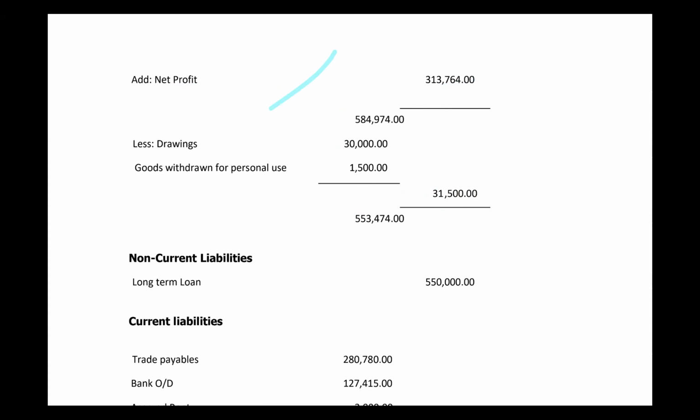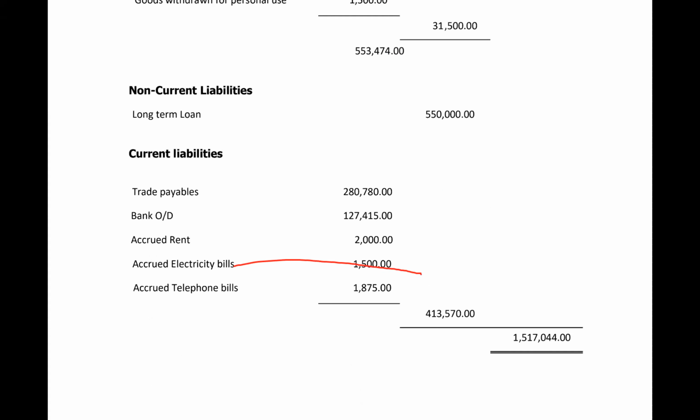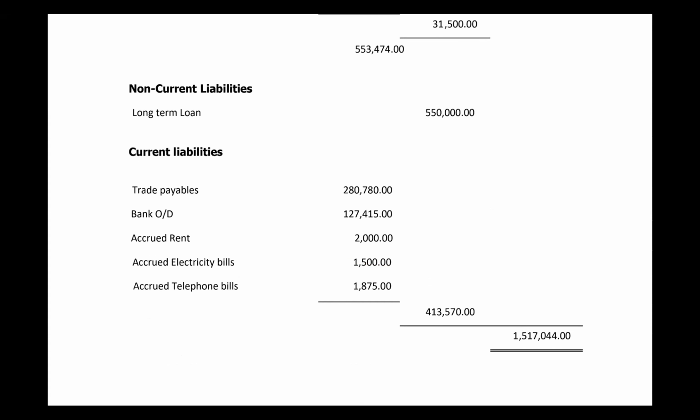Then you have the part for non-current liabilities. Under non-current liabilities, there's just a long-term loan, of course. Then current liabilities. Current liabilities include the trade payables, the people whom you owe as a business. There is a bank overdraft.